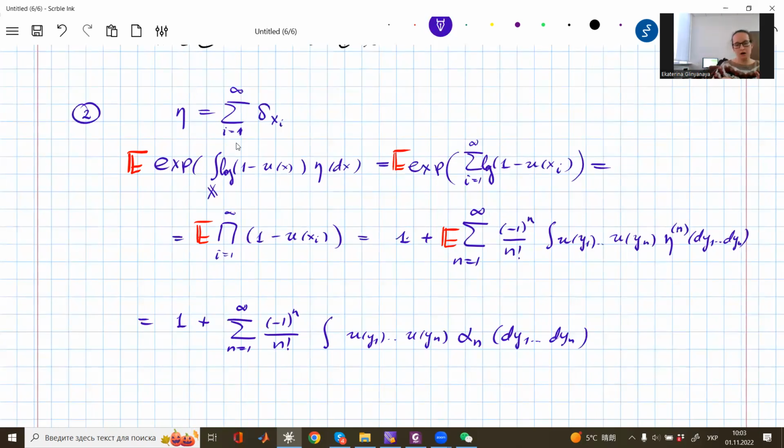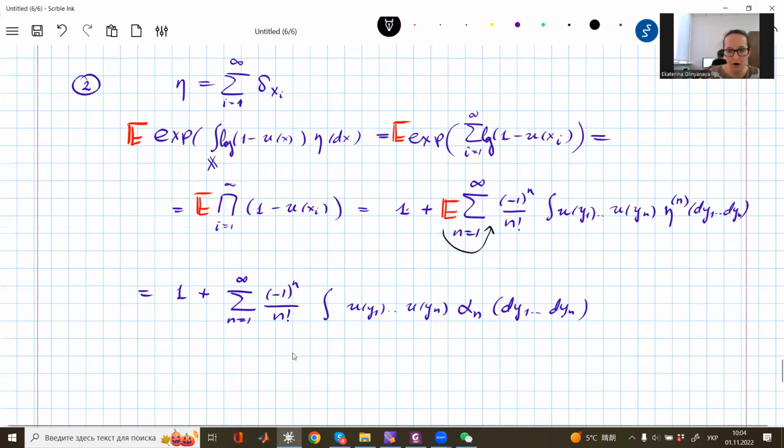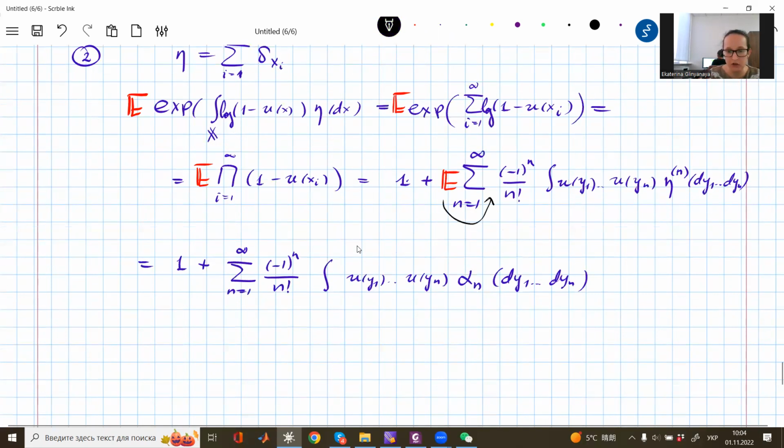And here now we need to understand why I can do this. I did this step, but I did not explain why I can change the order of summation and the expectation. Let us understand why this integral converges absolutely.